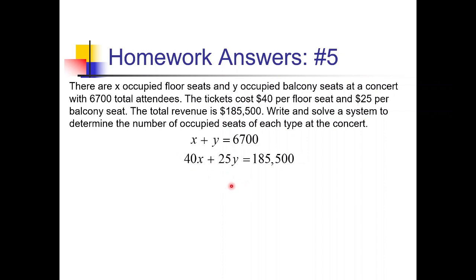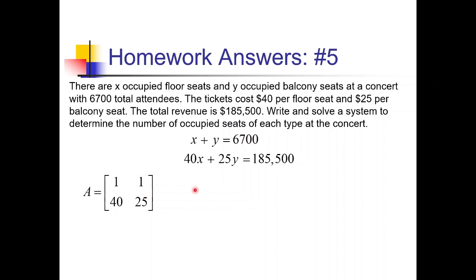To do that, we will set up three matrices. My first matrix, A, is going to be my coefficient matrix. That's going to have 1, 1, 40, and 25 in it. Matrix B will be this A matrix, but I'll swap out the X column for the constants here.